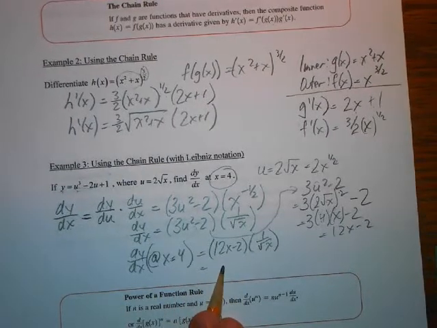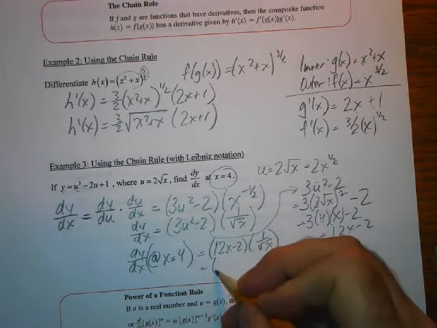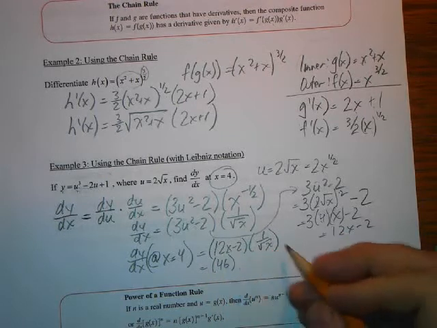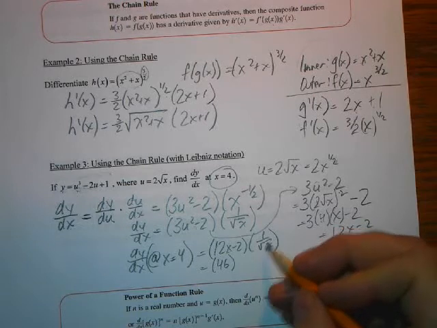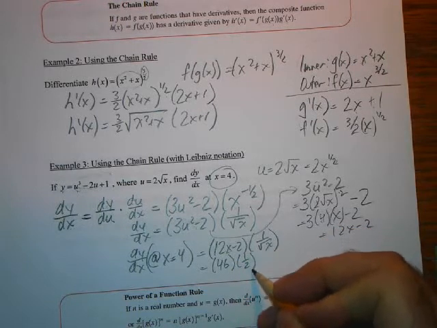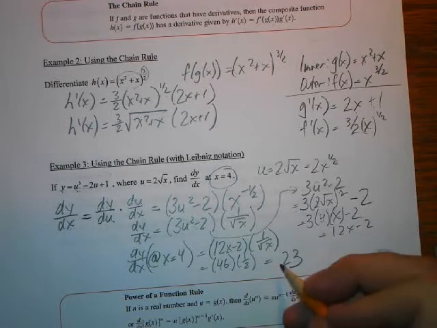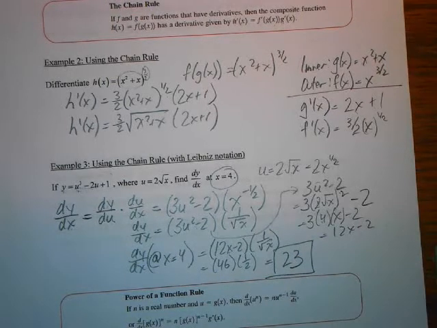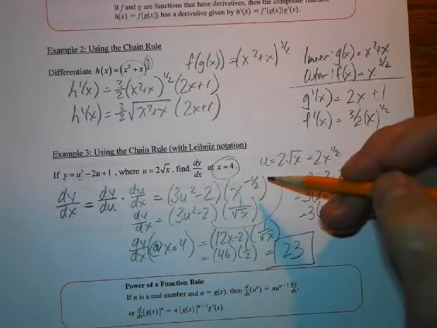Okay, so we get 12 times 4 is 48, minus 2 is 46. And 1 over square root of 4 is 1/2. So that becomes 1/2 of 46, which is 23. Okay, so that's the derivative. That's dy by dx for x equals 4.